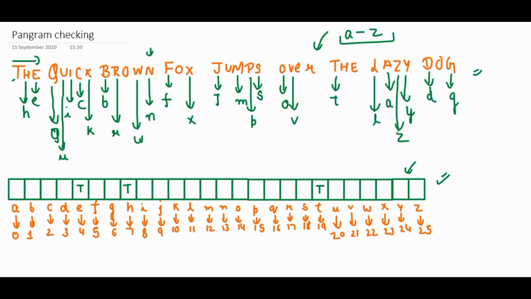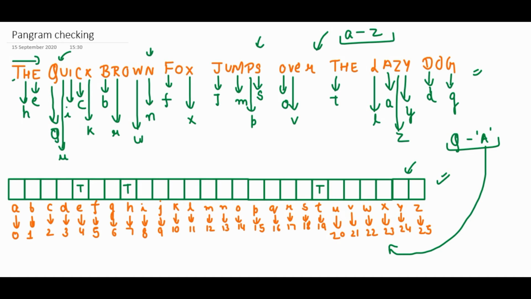So every element has some ASCII value, right? So if we get an uppercase letter in this sentence, what we will do is we will subtract that element. Let's say we found Q, right? We will subtract a capital A from this, that will lead us to an exact index value in this array.